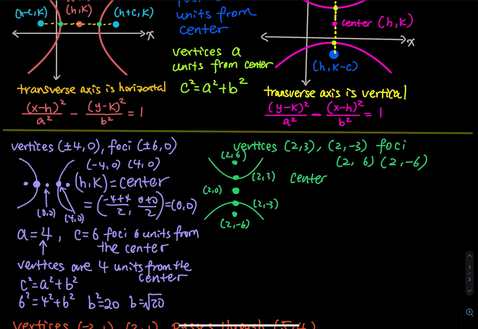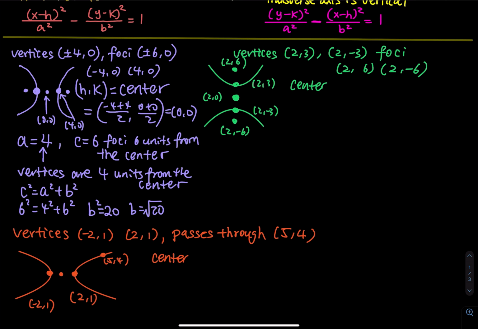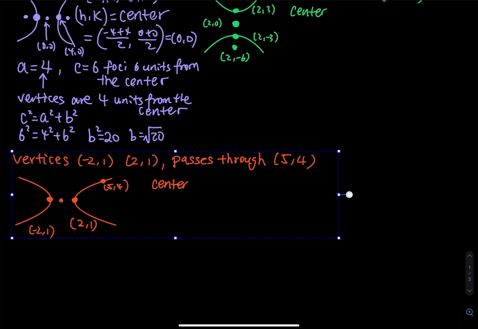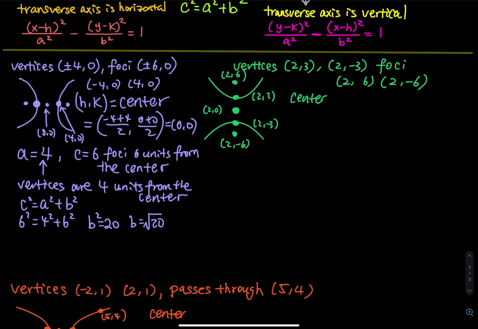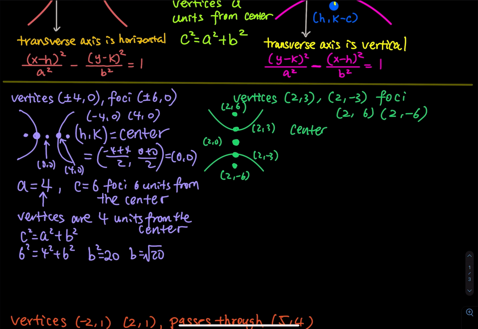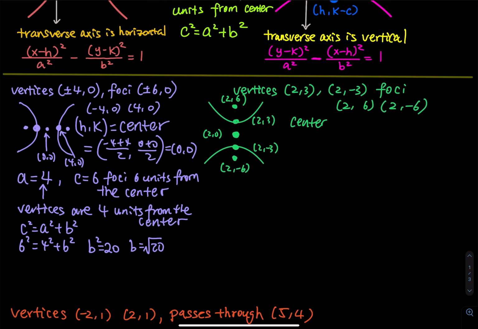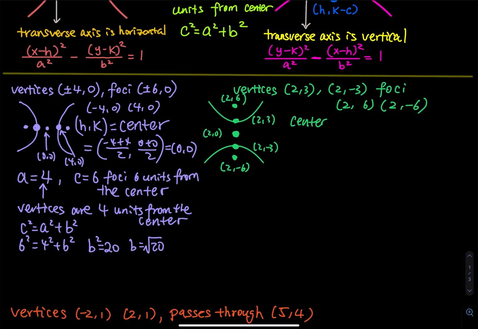And now you can write your standard equation. To write my standard equation, I am going to move this down a little bit so I have some space for myself. What is the standard equation? We have a horizontal hyperbola, so the standard equation follows this.